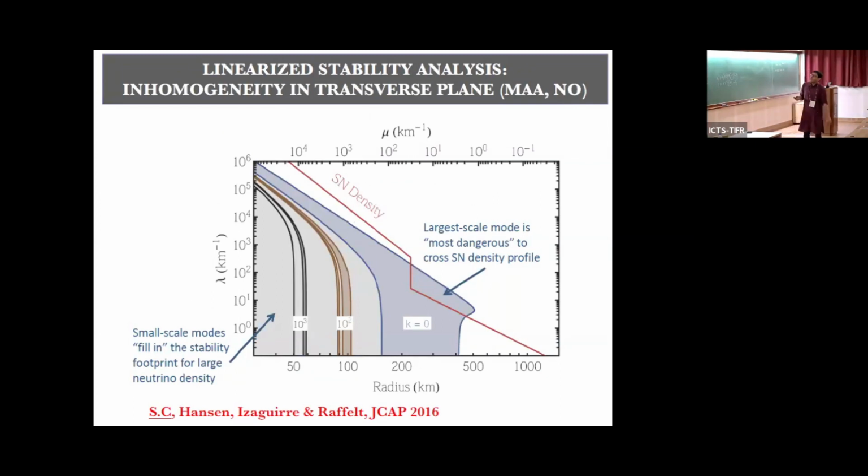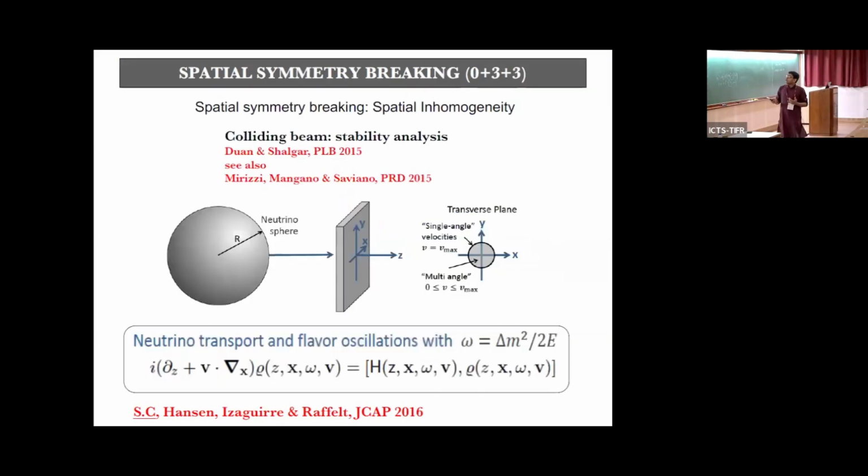So k equal to 0 is when you are looking only at the radial solution. The moment you look for solutions in the orthogonal plane, you get instabilities, but these instabilities come very far away from the supernova density profile. When I say that I need to look into the evolution in the orthogonal planes, it means I'm taking that the system is not homogeneous.